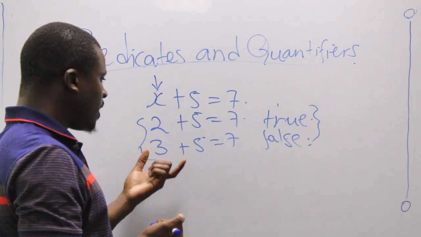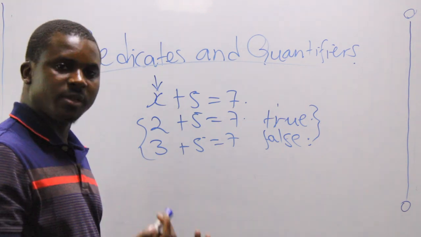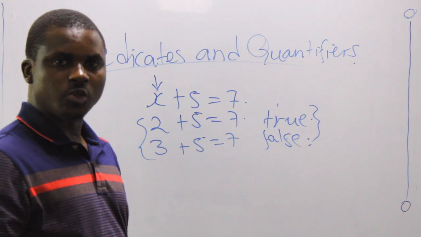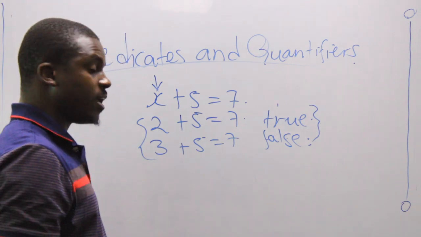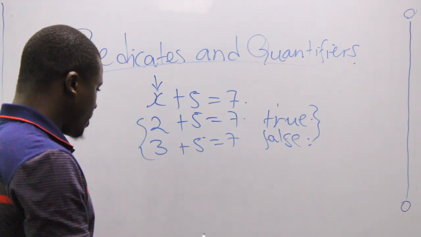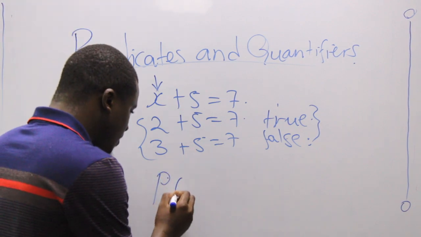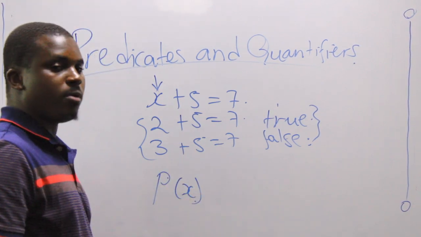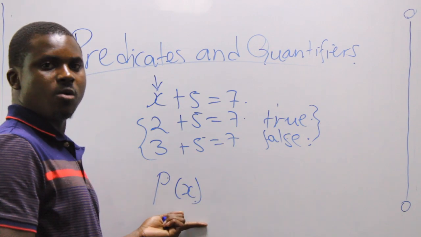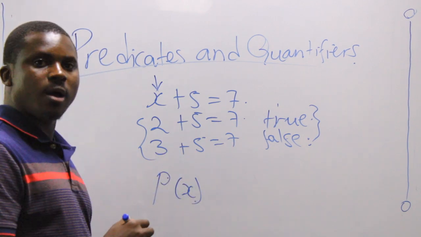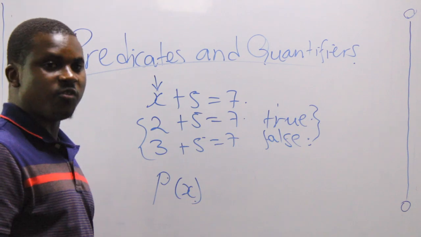A predicate can be represented by a letter. For example, you can put P here to represent a predicate, followed by the variable, P of x. So this one will be our predicate, where x is the variable.